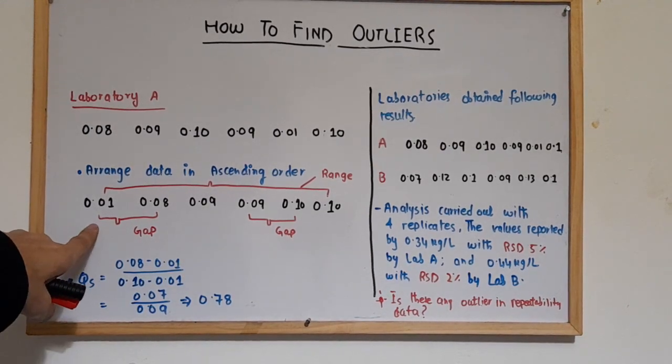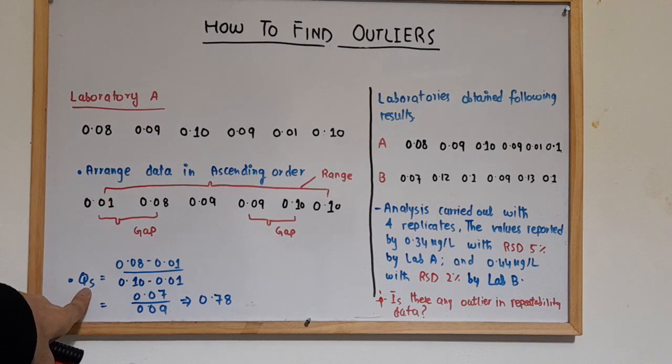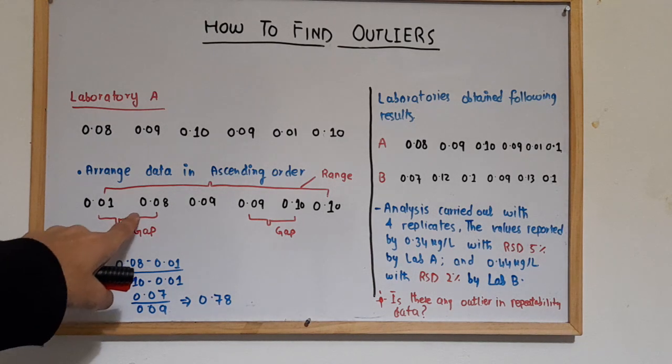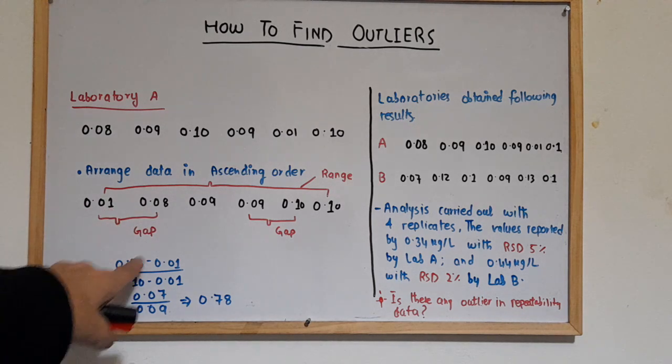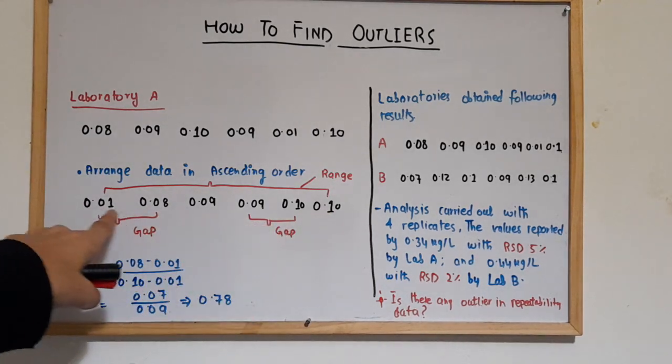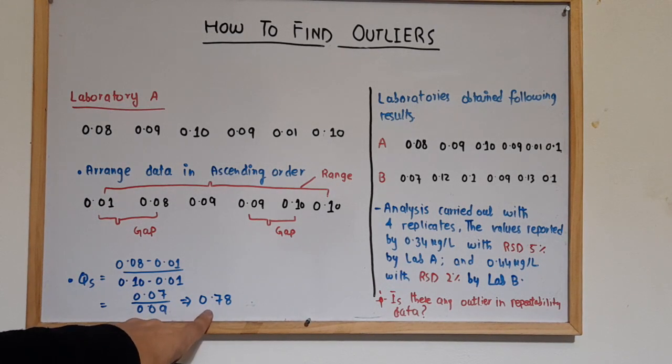For the first data set, we call this QS, the smaller outlier. The gap is 0.08 minus 0.01, and the range is 0.10 minus 0.01. The answer is 0.78. Remember this value.